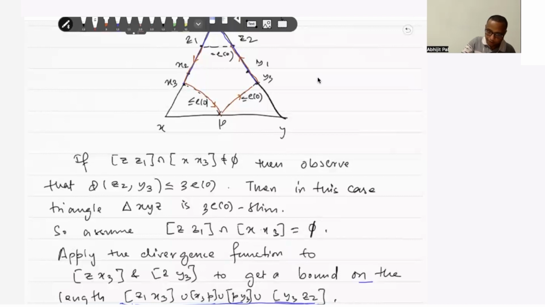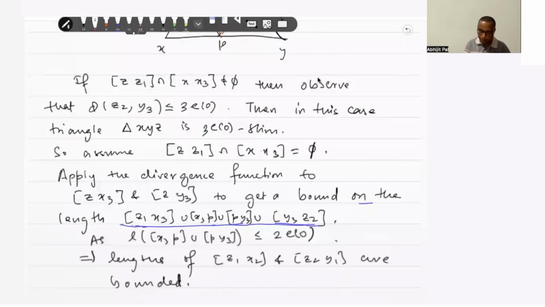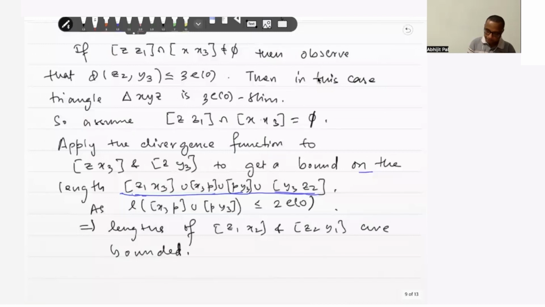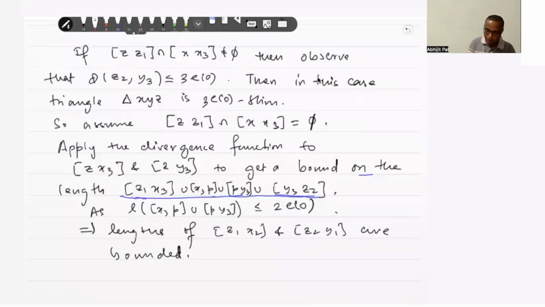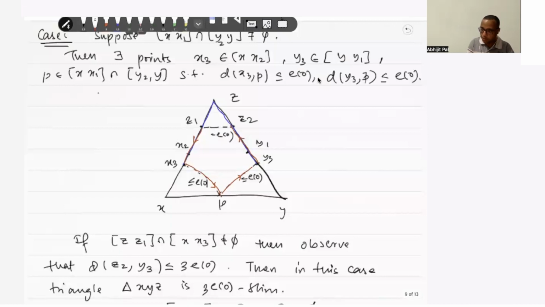what you can prove is that the distance between Z1X3 and Z2Y3 is bounded in terms of E naught.